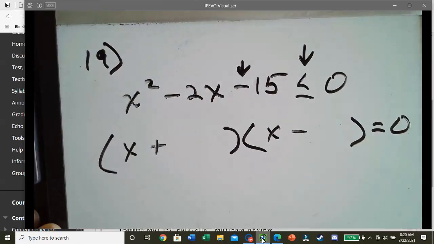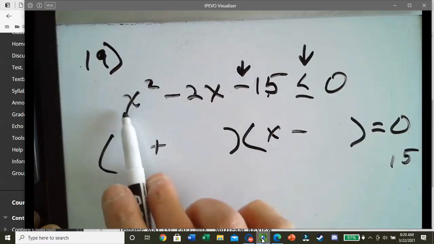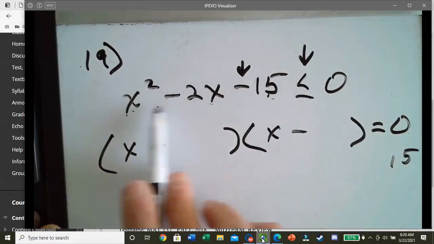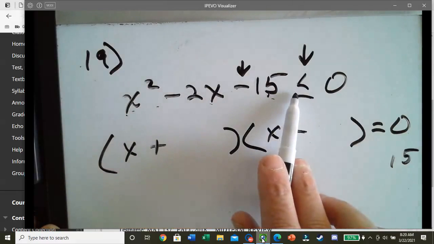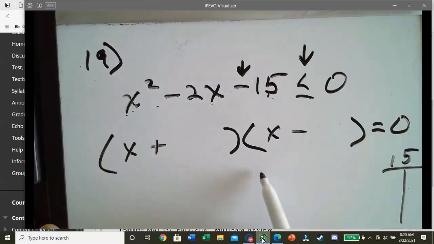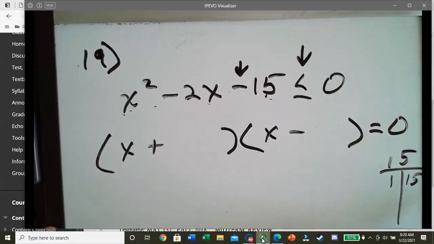So one sign's a plus and the other's a minus. It doesn't matter which one's plus and which one's minus. And we look at factors of our C term and our A term. Well, A is just 1, and you can't factor out a GCF, so we just have to look at the last term. And you always start with 1 in the number, because most of the time you won't have these two.